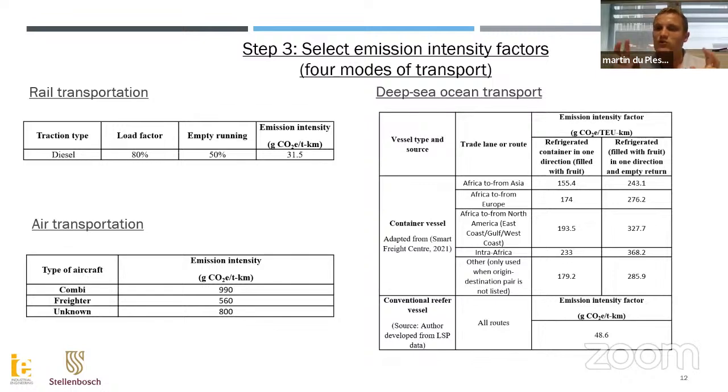These vessels are the old conventional vessels where you physically load pallets of fruit into the cargo hold of the vessel, and then you distribute your pallets throughout. As far as our knowledge is concerned, that is the first emission intensity factor globally for any refrigerated vessel. So these values are needed to quantify the emissions of transportation, and the accuracy of these values directly influences how accurate your emission calculation is to the real deal, the real emissions of the distribution scenario.